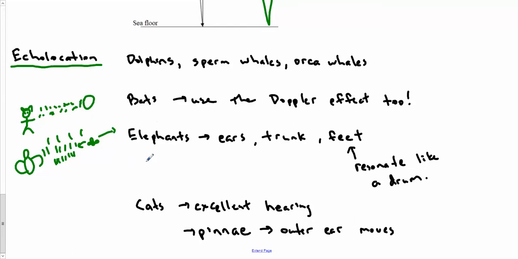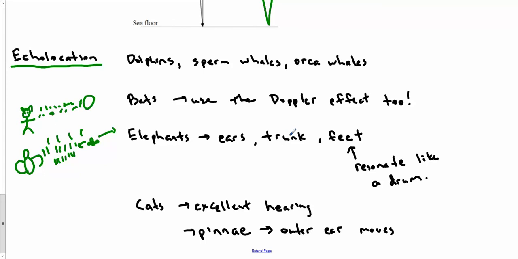Elephants also do this. They have large ears. The ears, I believe, are more for trying to keep the elephant cool when it's warm out. They also use their trunk for sound.